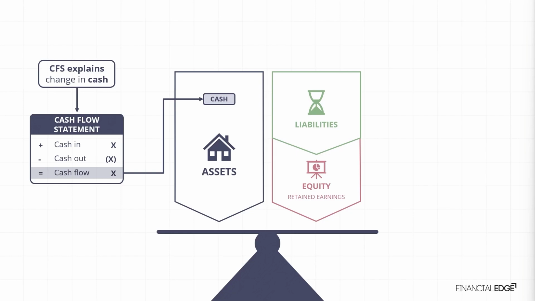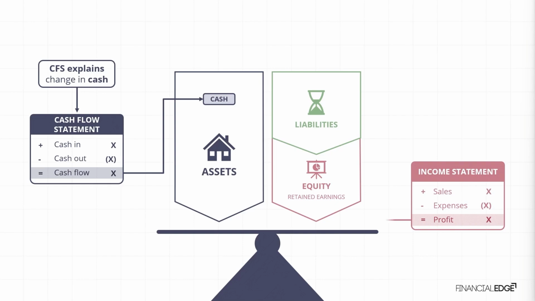We can find out more detail on equity via another financial statement, being the income statement. If I look at retained earnings within equity, I can see that it's maybe gone up from, say, 70 to 90. Cool, it's gone up by 20, but I want more detail on why that's happened.